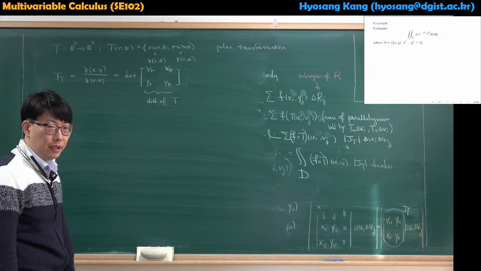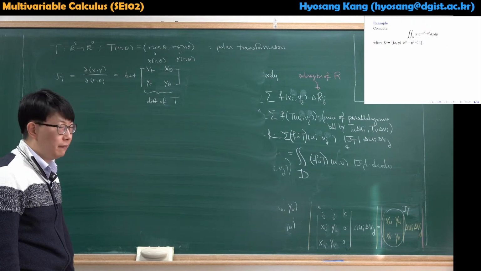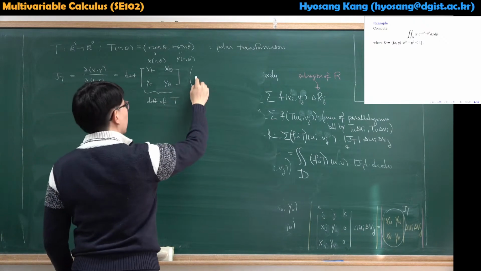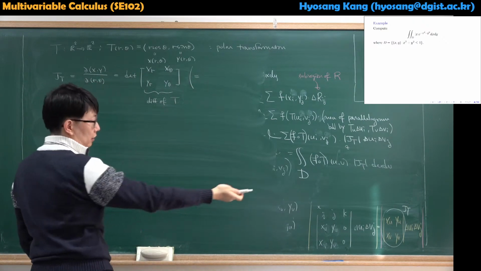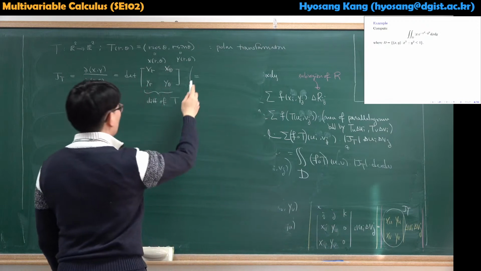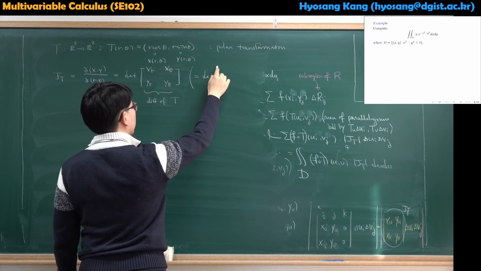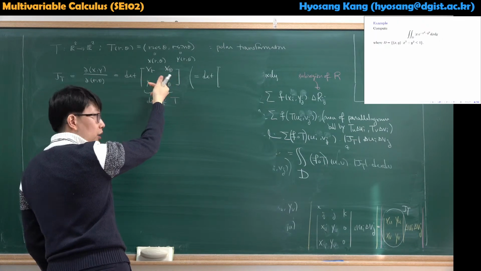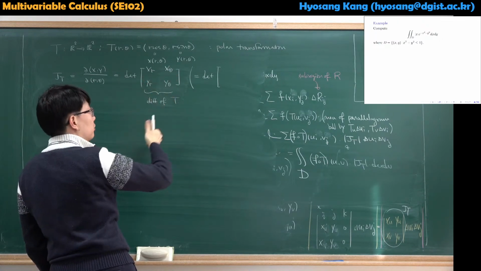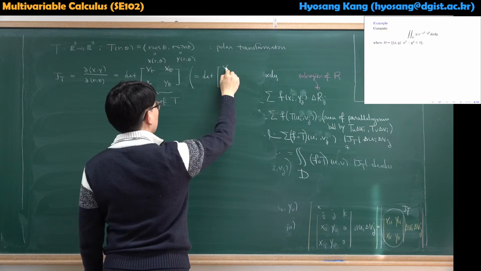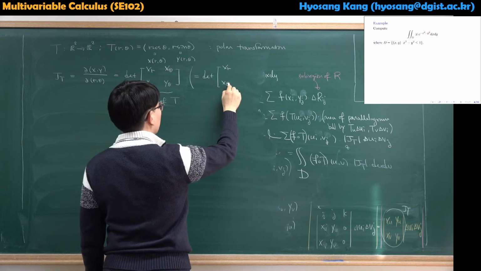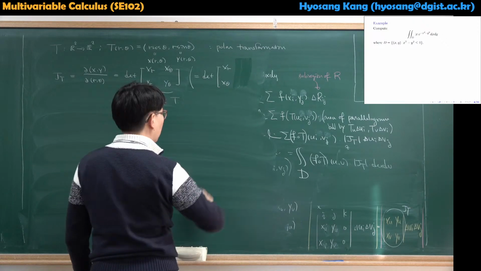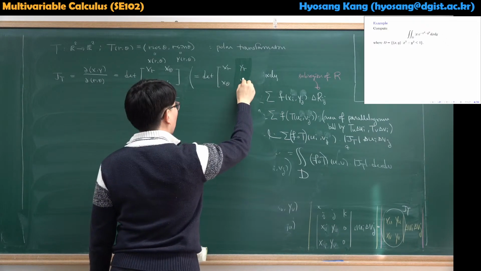So the answer is yes, you can take both definitions, because when you take this kind of definition of Jacobian, what you're doing is taking the determinant of the transpose of this square matrix. This is the same as x_r, x_theta, y_r, y_theta.